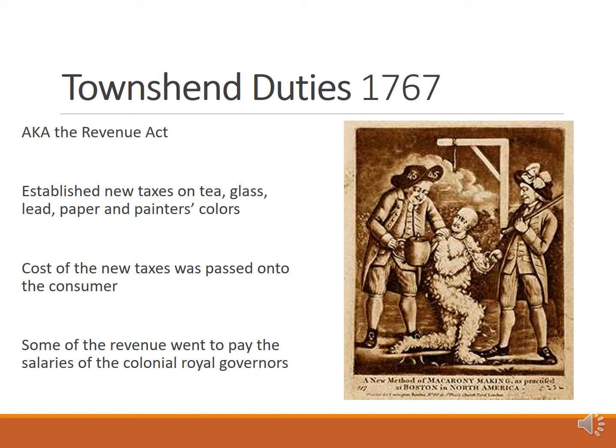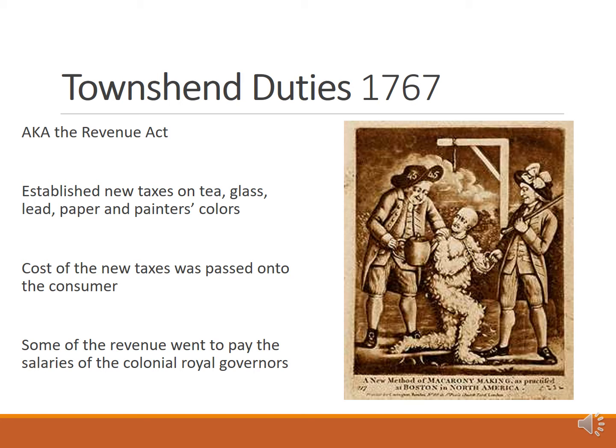And so this was obviously very difficult for the colonists, because now you have these taxes being imposed upon you, and part of that tax money is going to pay the salaries of those colonial governors, which means that those colonial governors will be incentivized to enforce this tax.